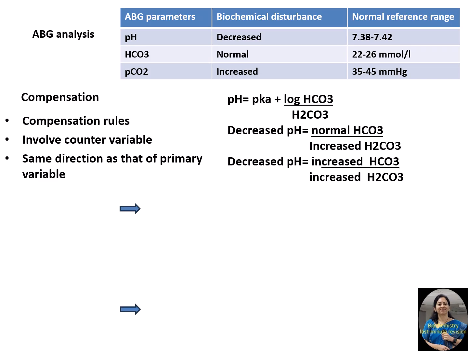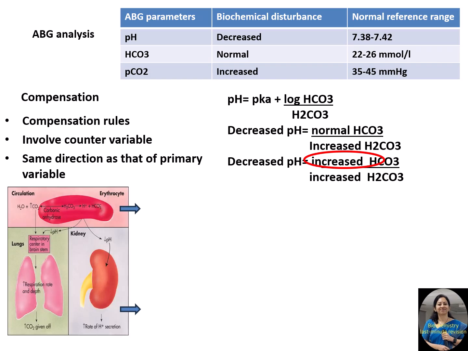So in respiratory acidosis, the pH is decreased, whereas bicarbonate is normal, and there is increased carbonic acid. So the compensation involves the counter variable. Counter variable here is bicarbonate, and it moves in the direction of the primary variable. Primary variable is increased here, so the compensation also involves increasing bicarbonate.